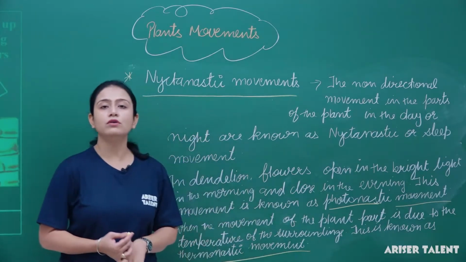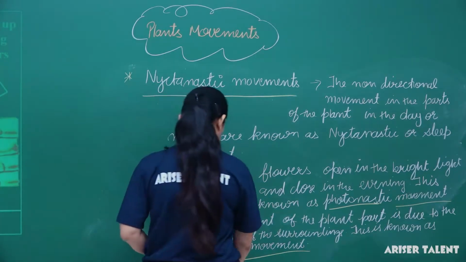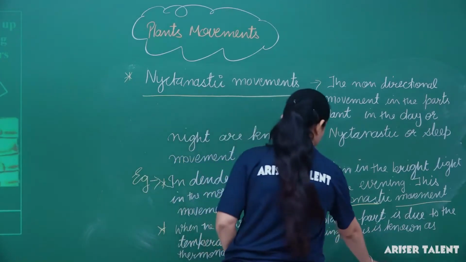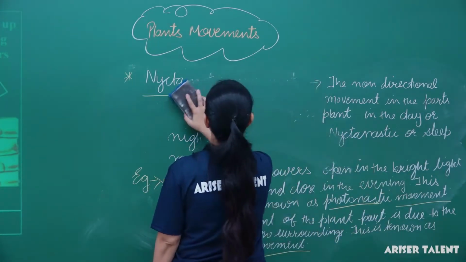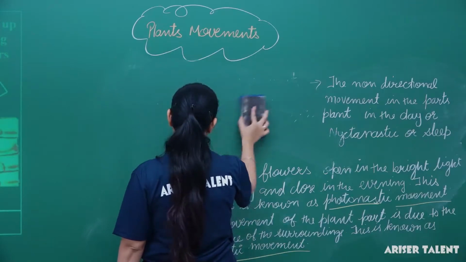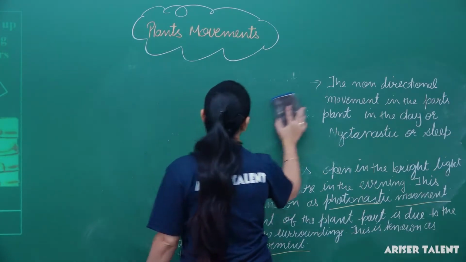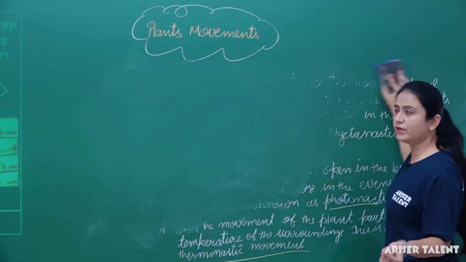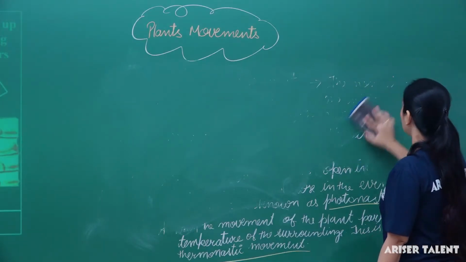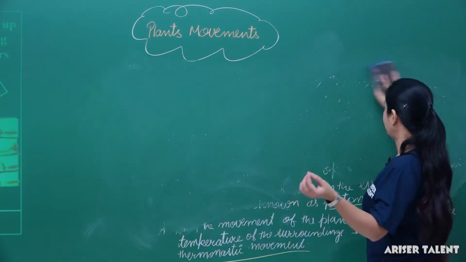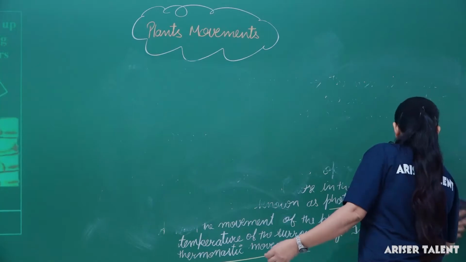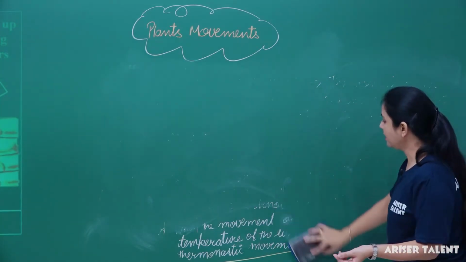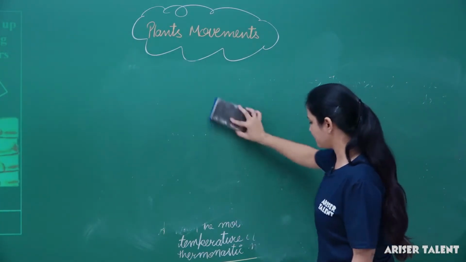Now we will talk about tropic movements. Tropic movements are generally known as directional movements because in such kind of movements, plants show movement in a particular direction, or we must say in the direction of the stimulus.